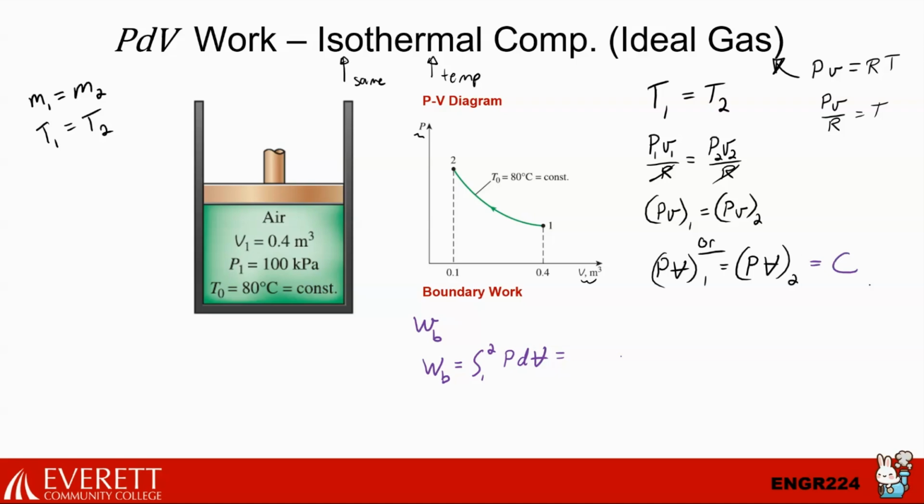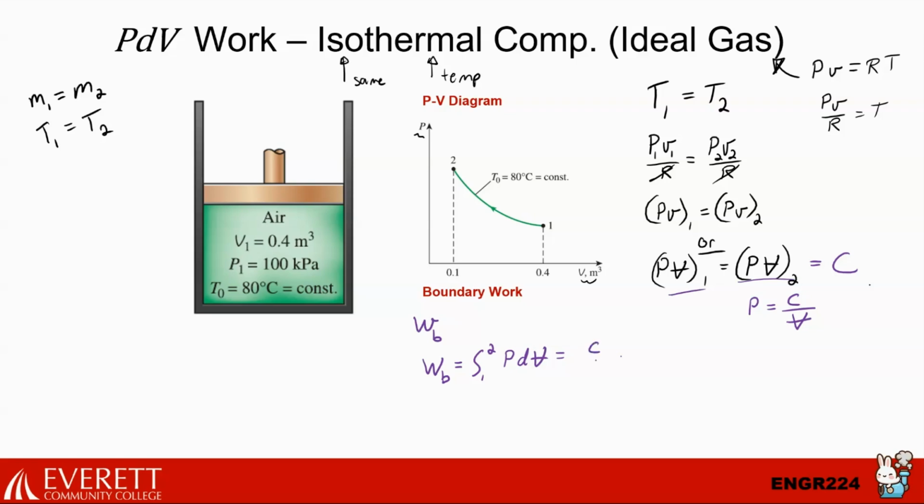So that constant, P times V, is always going to be constant. Independently, pressure and volume are going to be different, but the combination of them multiplying together will always be equal. So we can write pressure is equal to C divided by volume. It could be volume 1 or volume 2. Choose your favorite subscript here. I'm just generically saying P and V here for a second.